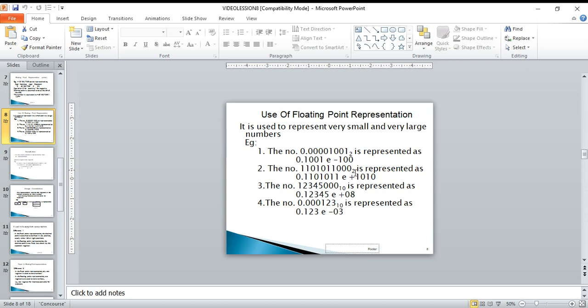Here the plus is because we are moving the binary point towards the right, so we take the exponent as a positive number. Then the decimal number 12345000 is represented as 0.12345. Here also the decimal point was fixed at the rightmost place.